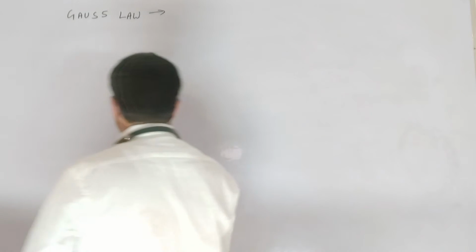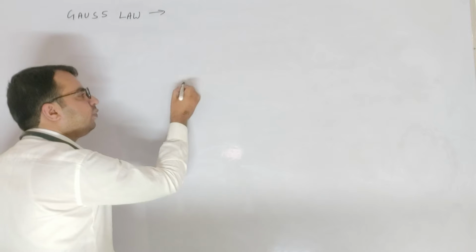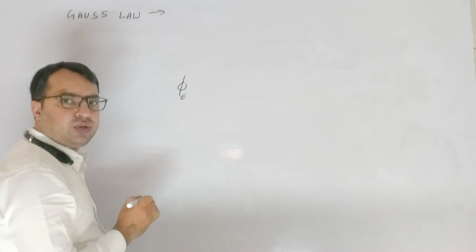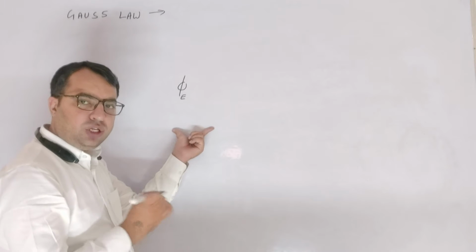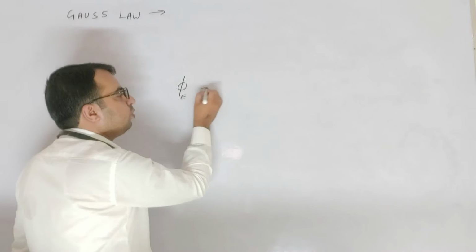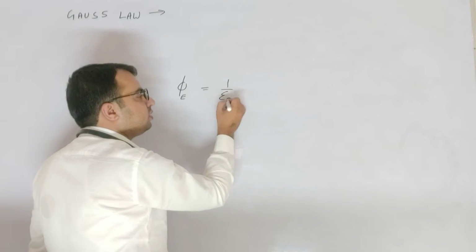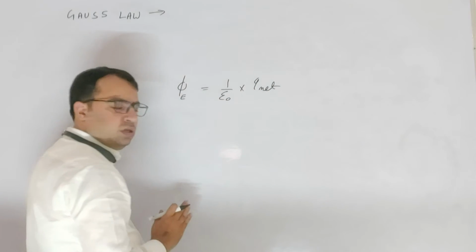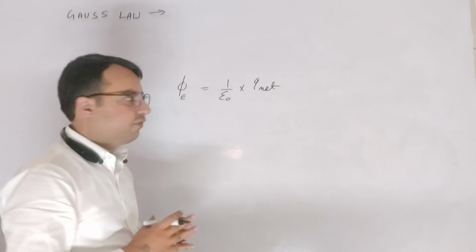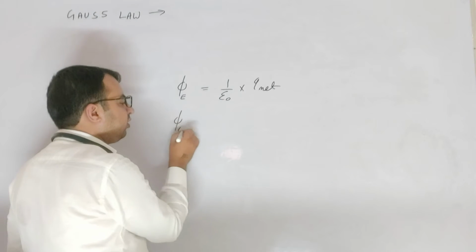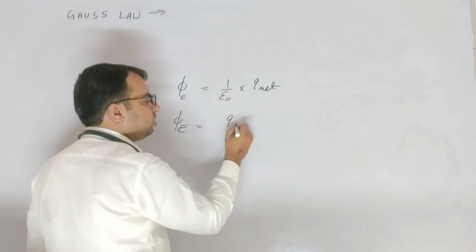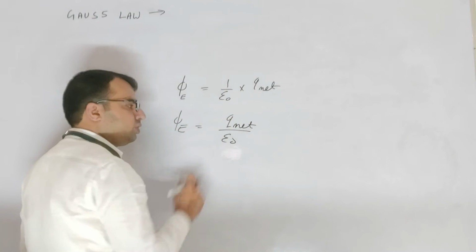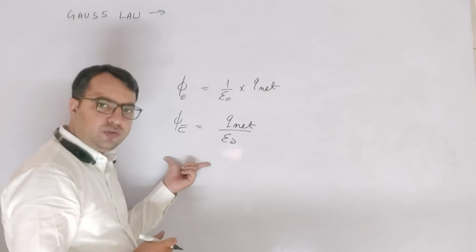In terms of the mathematical formula, the electric flux associated with a 3D closed surface is equal to 1 upon epsilon naught times the net charge enclosed by that surface. In other words, it can also be written as Q net upon epsilon naught. So this is your basic definition of the Gauss law.